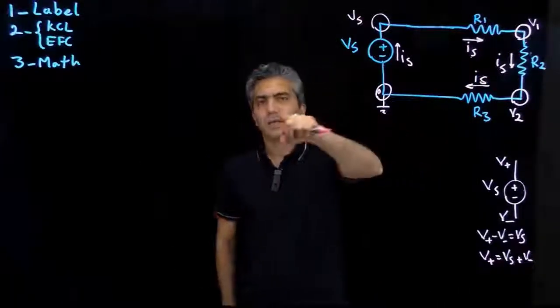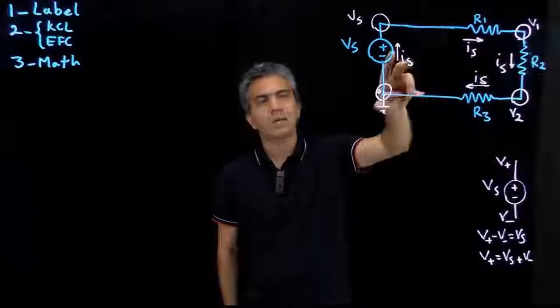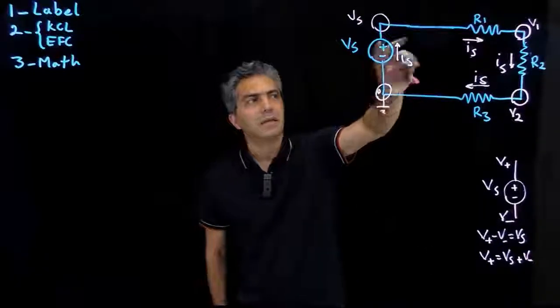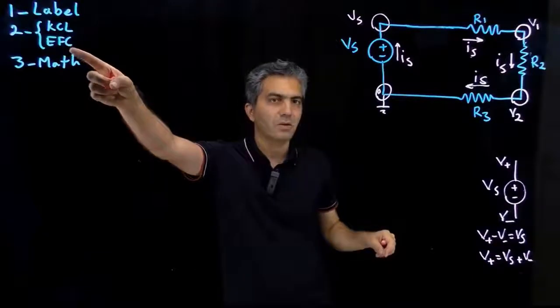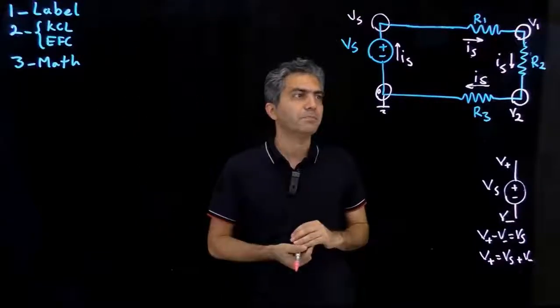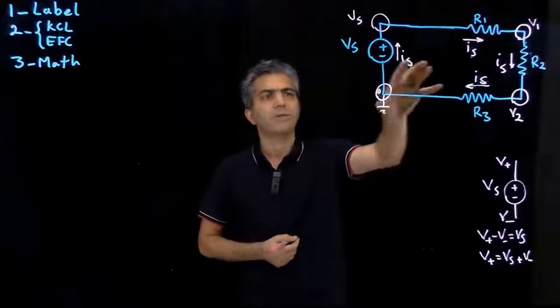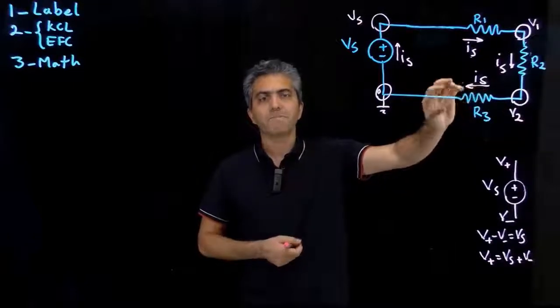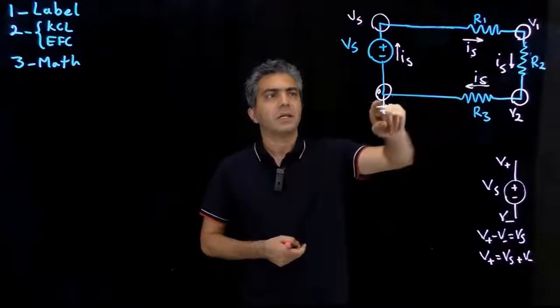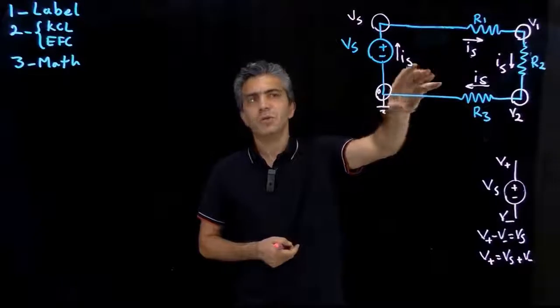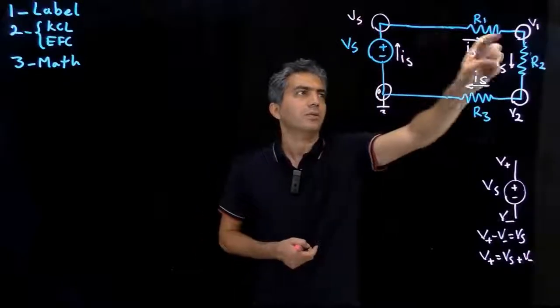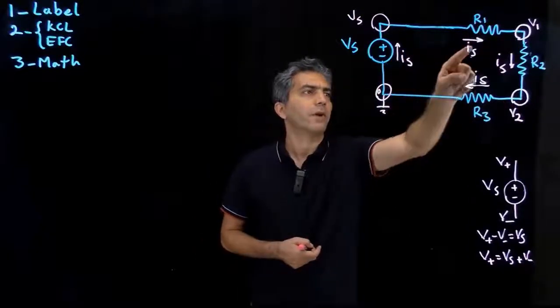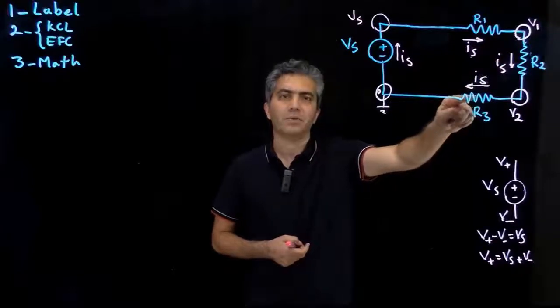By skipping a couple of steps, or actually combining the labels with the process of writing equations for component and KCL, I have reduced the number of unknowns substantially. If I wouldn't do that, I would have 1, 2, 3, 4, 5, 6, 7 unknowns.